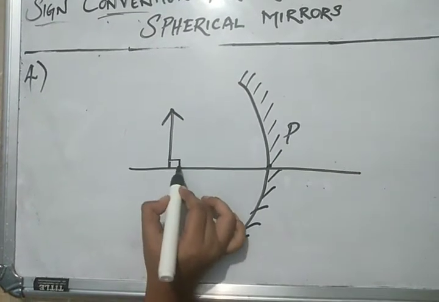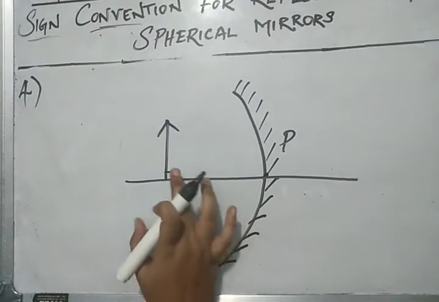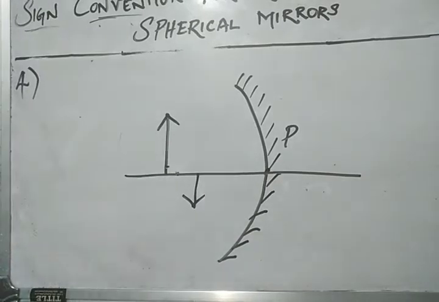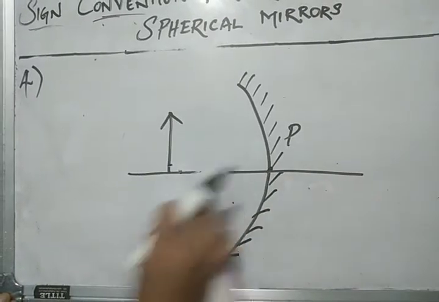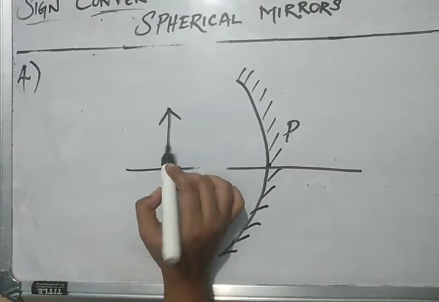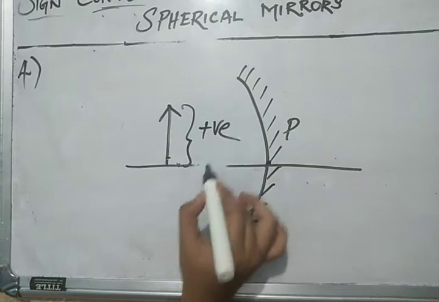See, it is perpendicular 90 degree, plus it is above the principal axis, not below the principal axis. Perpendicular to and above the principal axis. This is taken as positive.